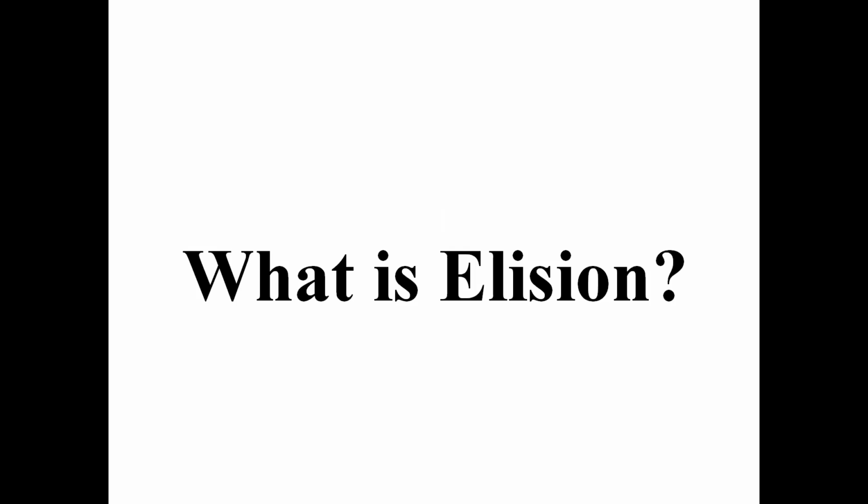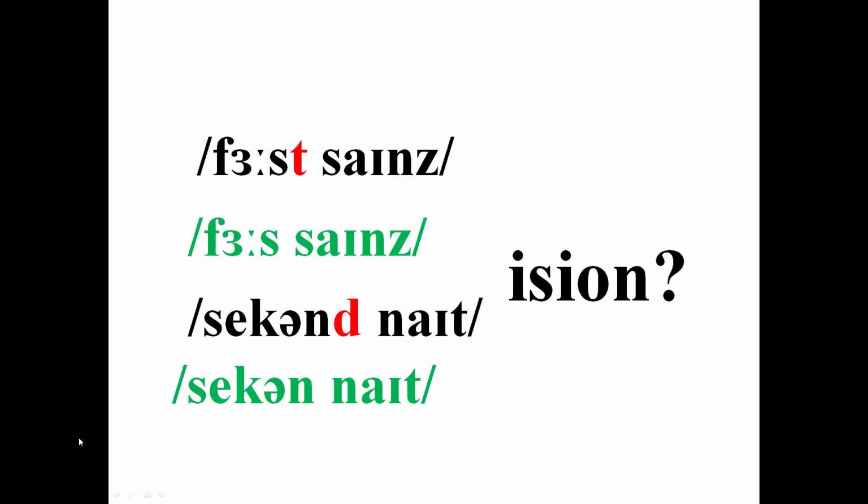Now let's see how some sounds disappear when people speak quickly in connected speech. We have two examples here. I've shown you two transcriptions of both examples. The first one is "fasts signs".